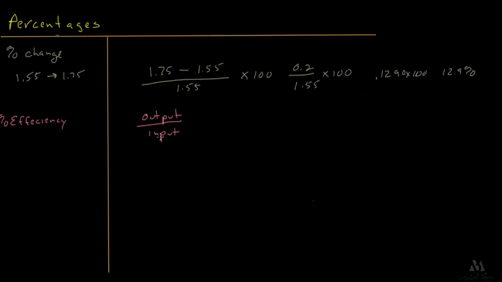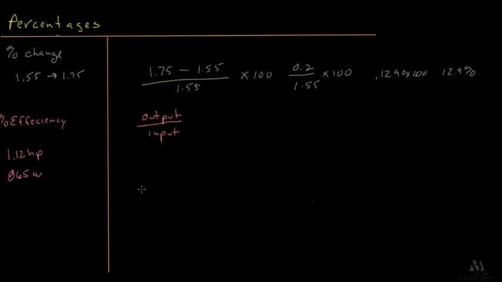So let's take a look at these, and we'll use our conversion that we talked about in our last video. So let's say we've got a 1.12 horsepower motor, and it takes 865 watts of power to produce that 1.12 horsepower.